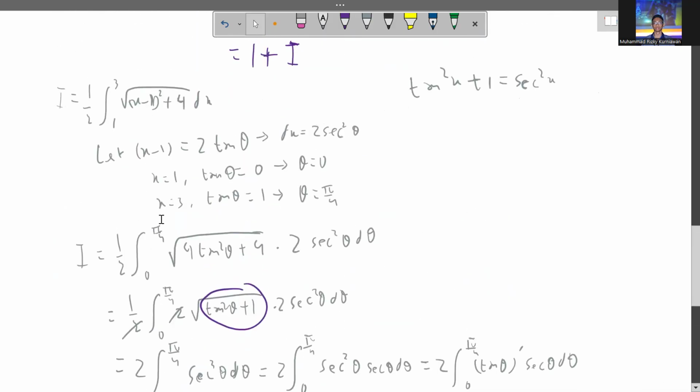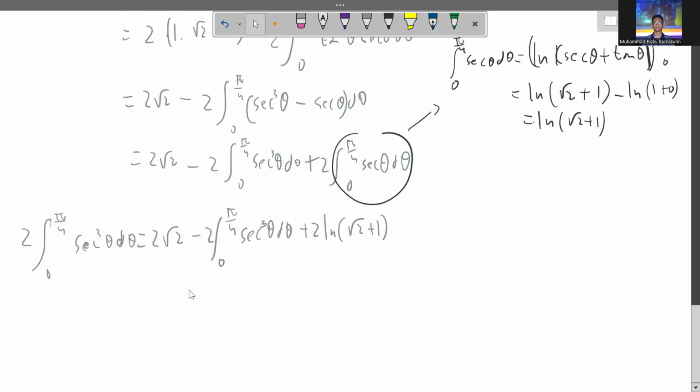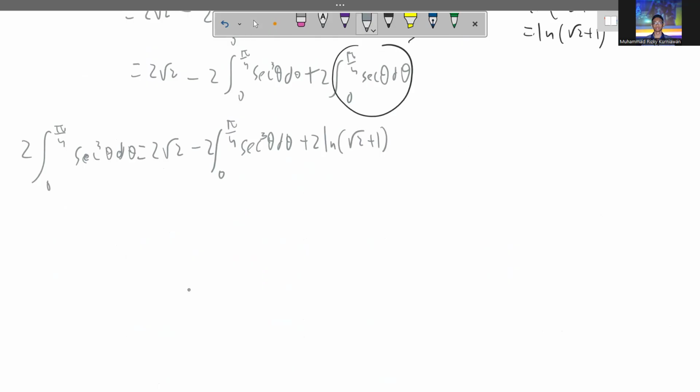We're looking for this itself. So that means if we add this integral to both sides, we get 4 times the integral from 0 to pi over 4 of secant cube theta d theta equals 2 square root of 2 plus 2 natural log of square root of 2 plus 1. Right?